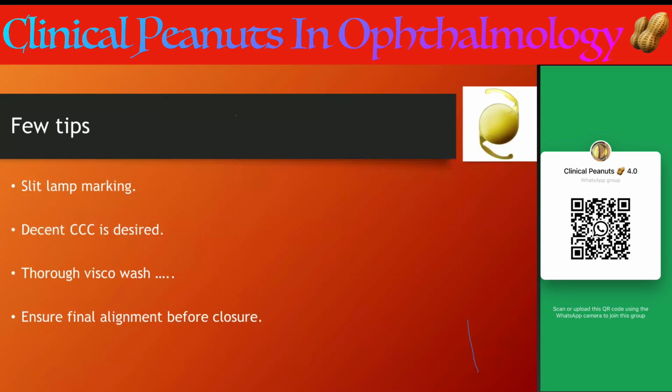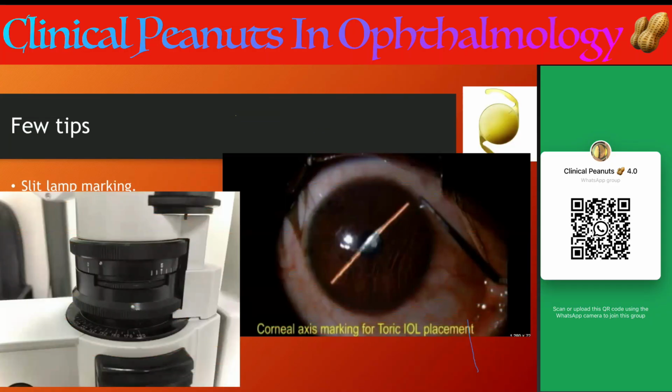So slit lamp marking is good. One should learn how to mark on the slit lamp. Using the slit axis, you can do the marking. On these two areas you can just put a slight marking, and on the table, if this marking is fading, you can again put slight dots over these two areas, and this will be your orientation or alignment marking.